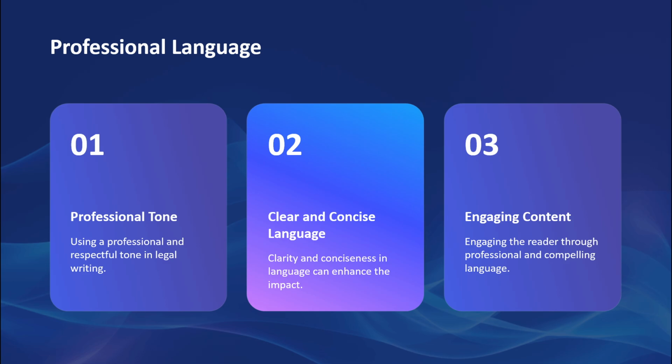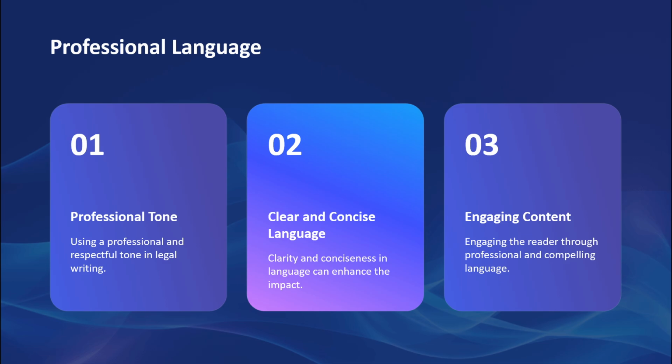Professional language, professional tone, clear and concise language, engaging content. Use a professional and respectful tone in legal writing. Clarity and conciseness in the language can enhance the impact. Engaging the reader through professional and compelling language can help you to build a connection with your target audience and the readers of your legal content.